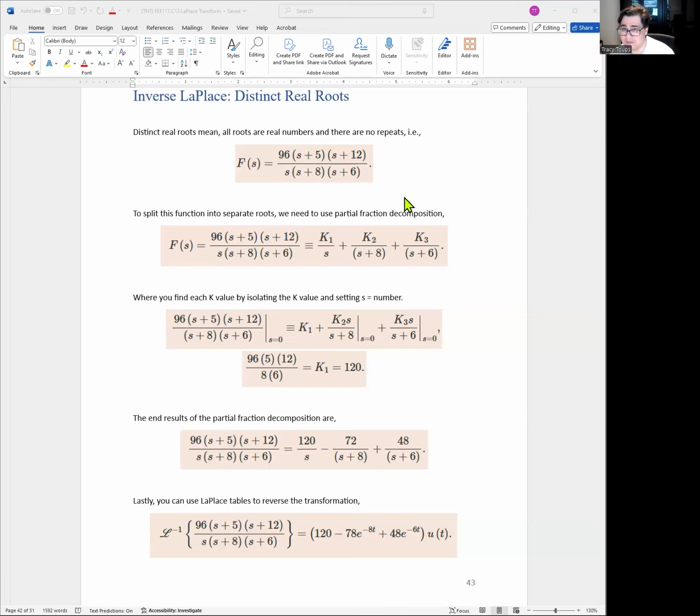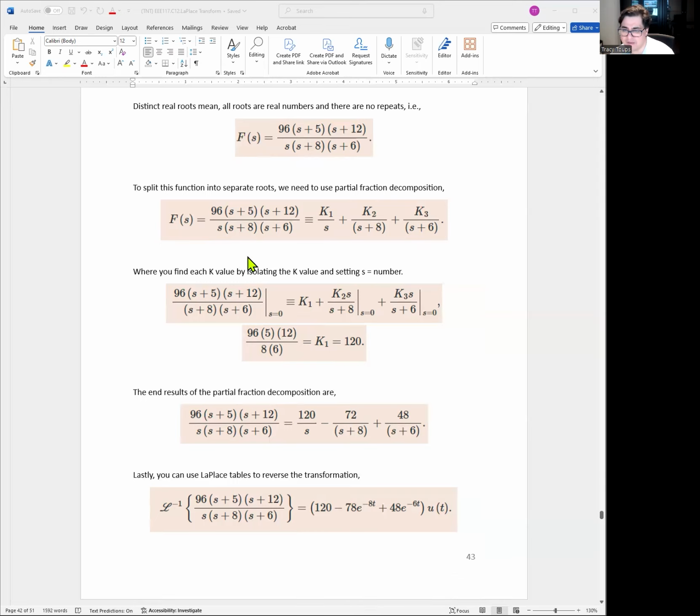It's a way to take a complex equation with lots of roots and split them apart. Okay. So there's a lot of cancellation and a bunch of rule steps of assigning K values and setting things to 0 and whatnot. I'm not going to go over it because we don't have time, but go back in your calculus book and relook at partial fraction decomposition, or realistically just use a computer simulation to do it for you.